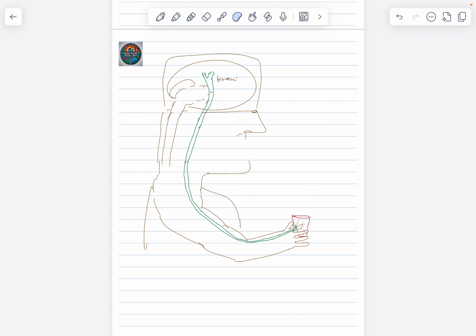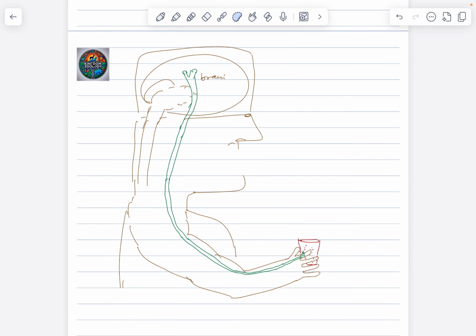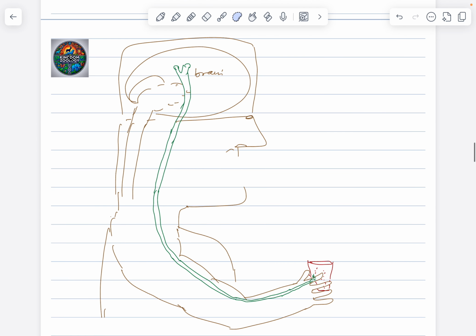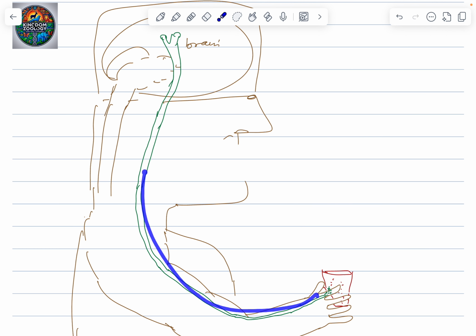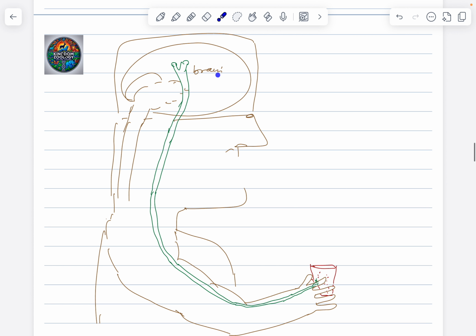So in this picture now, which portions of the neuron are collecting the information about the temperature? Dendron. And then who's transmitting the information to the brain? Axon. So in a single neuron, what is called a sensory process, the one that collects the information? Dendron. And what is called a motor process, the one that is taking the information to the target organ, that is the brain over here? That's the axon.